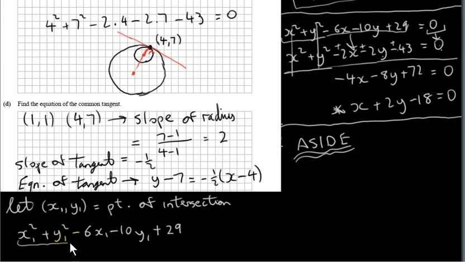Okay, so all of this here will equal 0. Now, you can imagine subtracting the second circle, but plug x1, y1 into the second circle. x1, y1 also satisfies the second circle because it's the point of intersection of it.